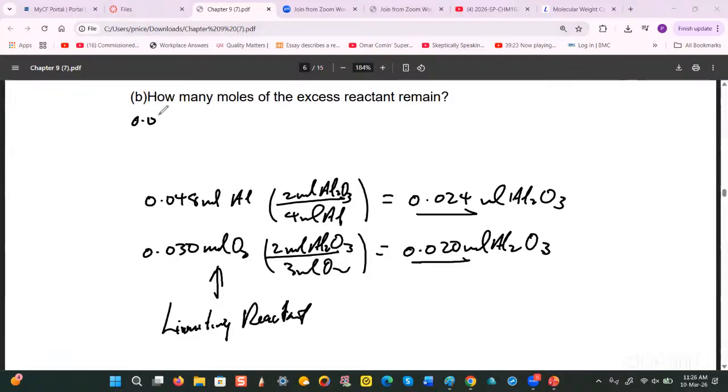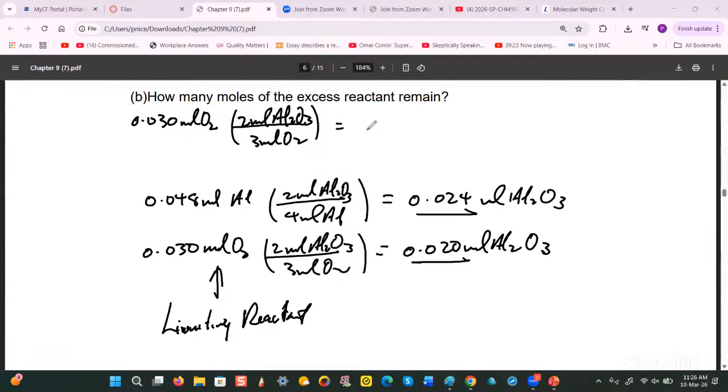0.030 moles of O2. And what do we multiply that by? 2 moles of Al2O3. And what goes below? 3 moles of O2, very good.